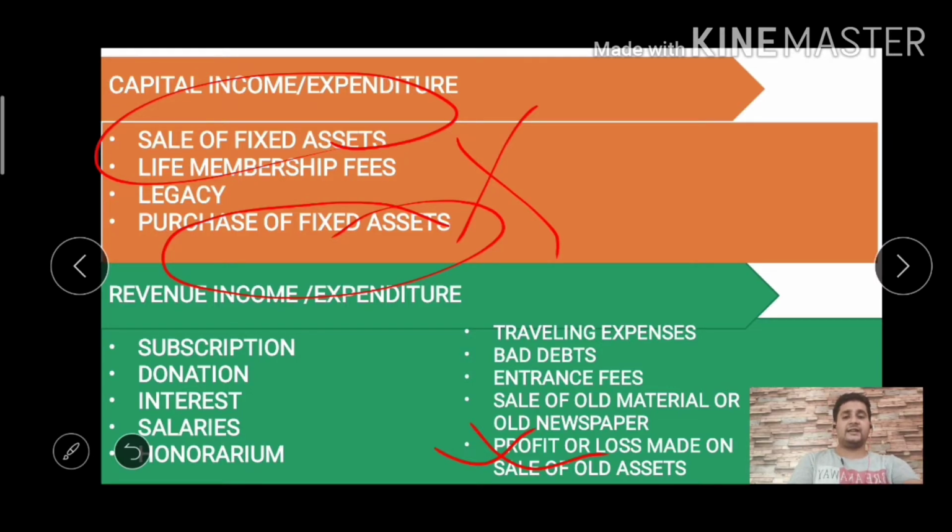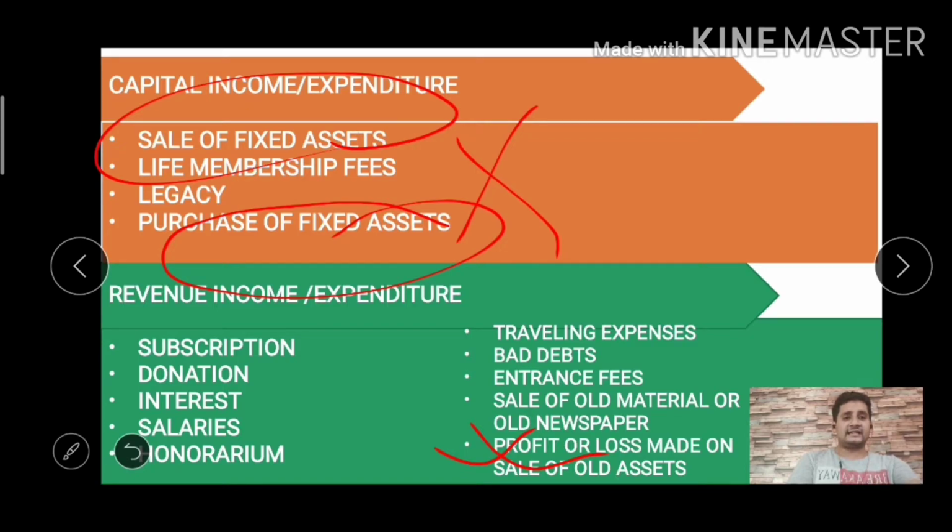But if we sell some assets, and from that sale we earn some income or make some loss, then that income or loss amount will be recorded in the income and expenditure account. Very, very important point.